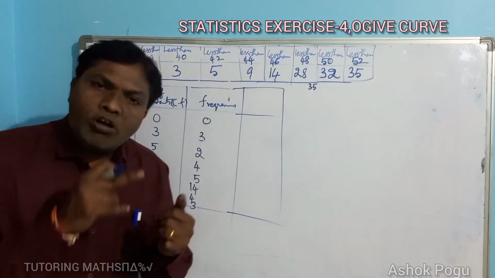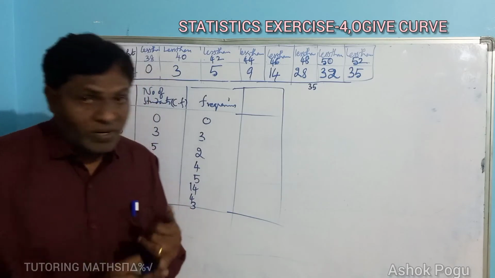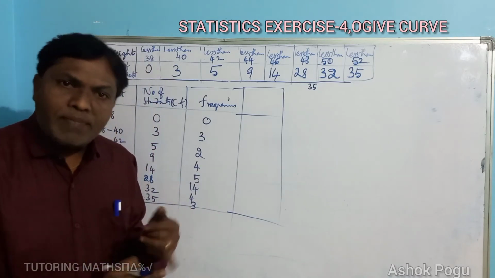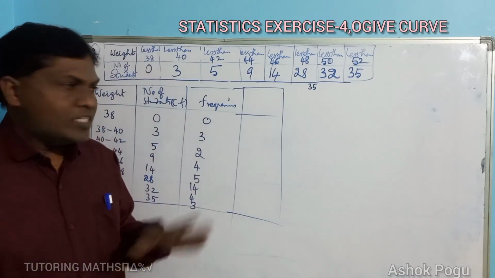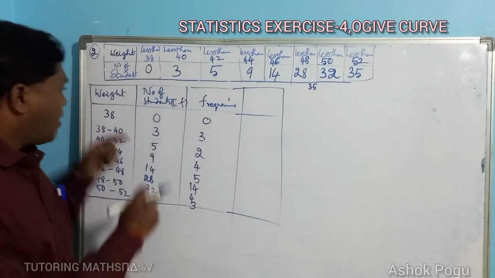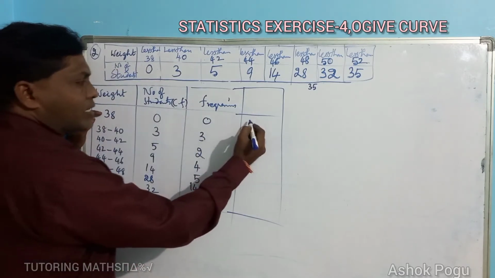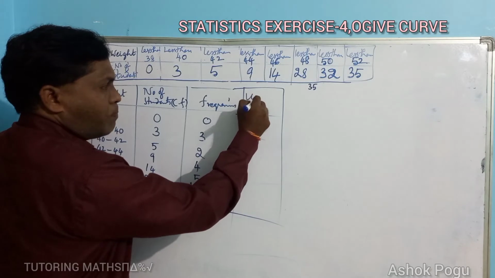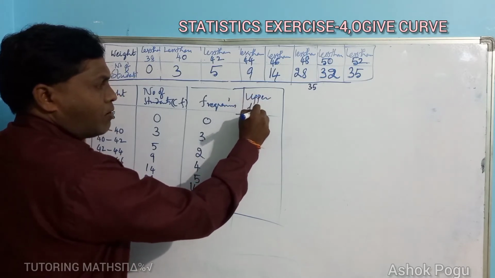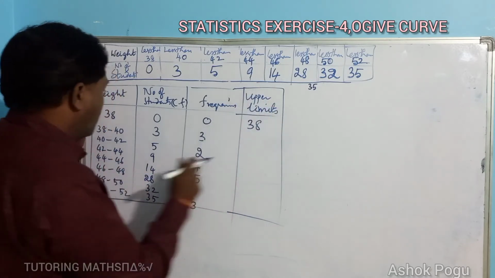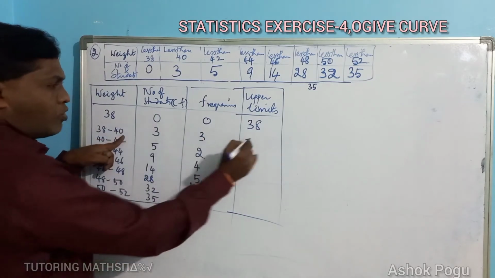We are going to draw a less than type cumulative frequency curve or less than type Ogive curve. It means we require upper boundaries, upper limits. So this becomes 38. Here, what is the upper boundary? 40.